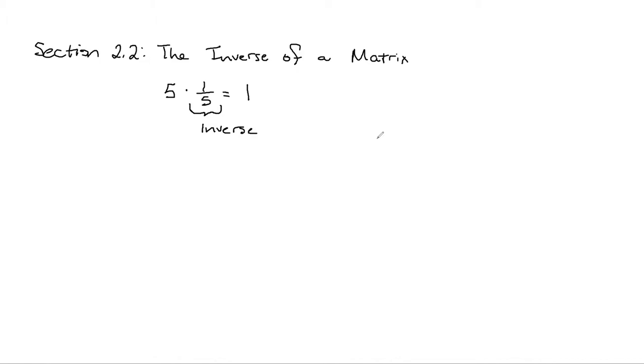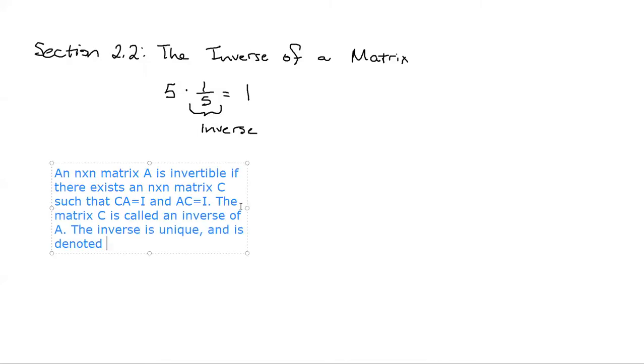This is really helpful because we already know how to do matrix multiplication, so we don't need to find some kind of new convoluted thing for how to divide matrices. If we can find an inverse for that matrix, then we can multiply those together and that will undo the matrix, so to speak.